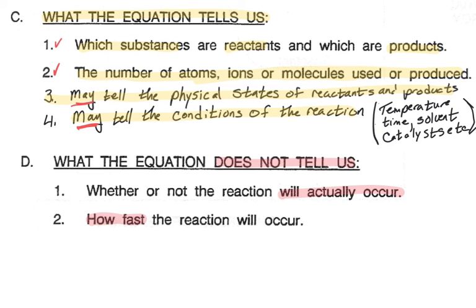They explode and they react really, really fast. So that would be something that would be what we call spontaneous. It happens super fast. It doesn't need anything to help it to go. So the equation doesn't tell us which of those we're going to have. It just says, hey, this is something that could happen. So it doesn't tell us it occurs, and it doesn't tell us how fast it occurs if it does occur.